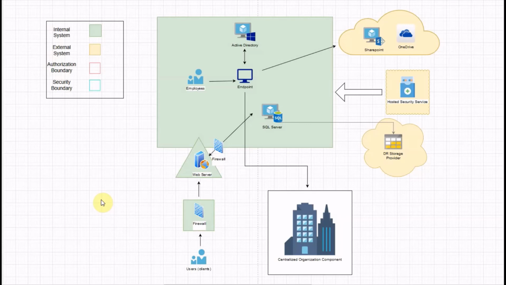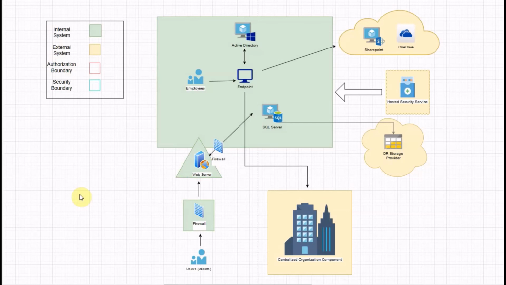So what this really comes down to is, for something like this, we need to have a comprehensive conversation with stakeholders to see how we want to define this. And there's not really one catch-all right answer. It's going to have to be a back and forth to come to an understanding of an acceptable level of risk. So for this series, and for moving forward, again, for this kind of talking point, we're going to mark this centralized organization component as external to this information system for this web server, web application that we're using.